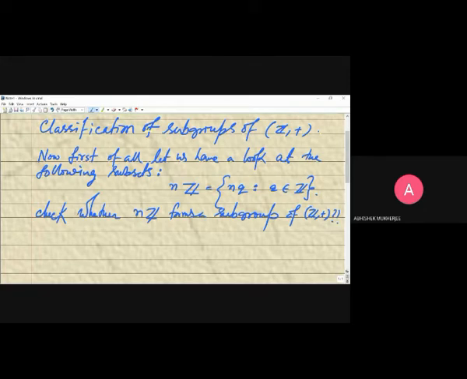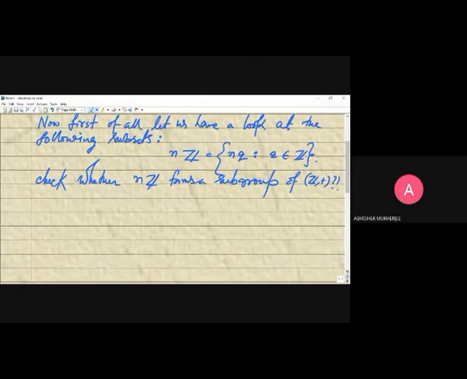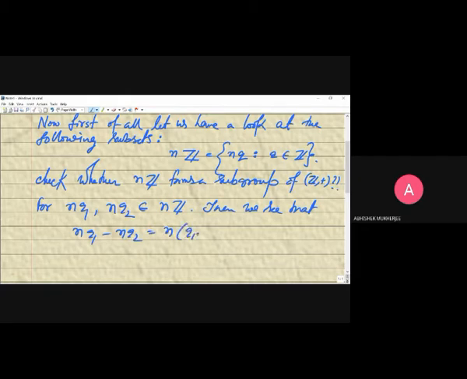Now let us recall the criteria for a subset to be a subgroup of a group. We need to check that for nq1, nq2 two elements of NZ, we see that nq1 minus nq2 equals n(q1 minus q2).